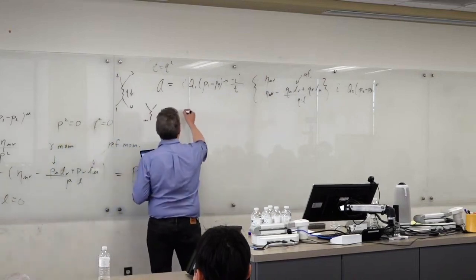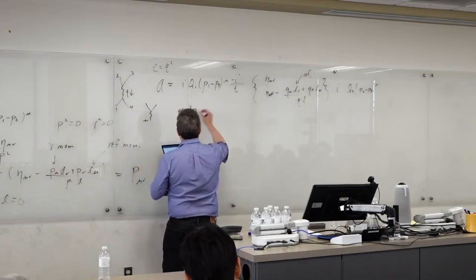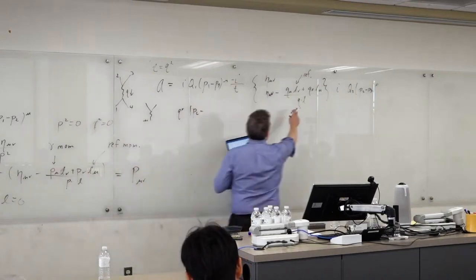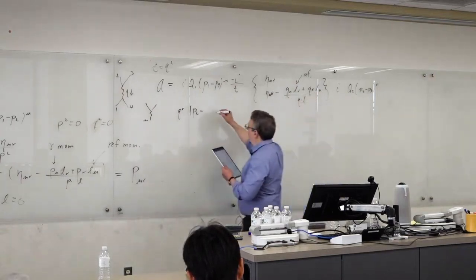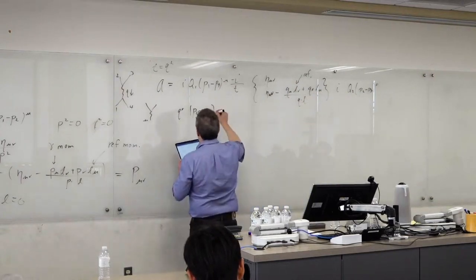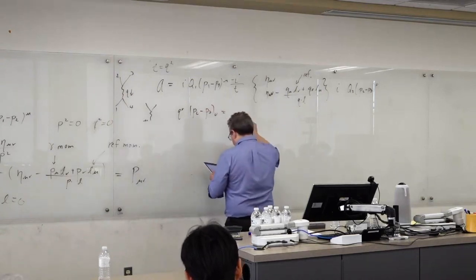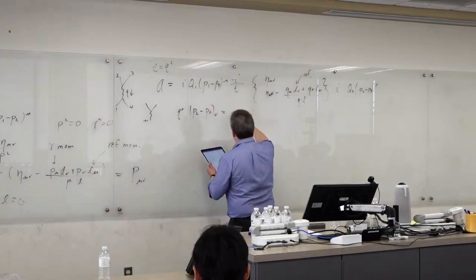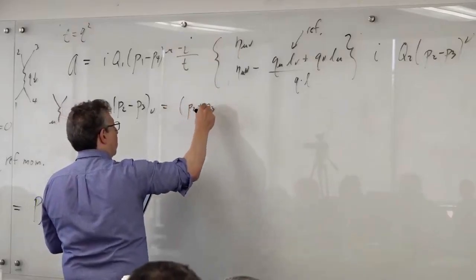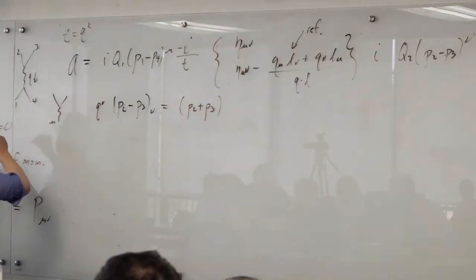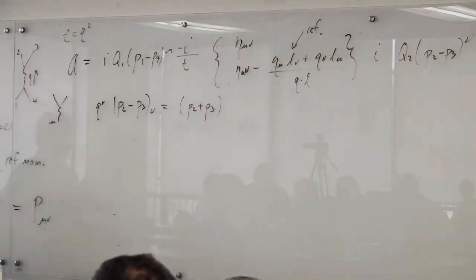So let's look at that. P2, so q nu, q nu into (P2 minus P3)^nu. That's equal to P2 plus P3. So q, reverse that so that my sign is right.